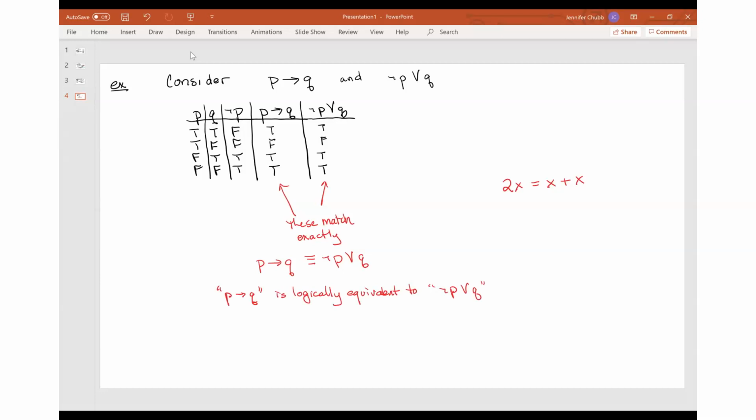And again, this makes sense, right? Because if we think about the truth table for P implies Q, that's true if either P is false, right? So let's see, where is P false? Down here, right? Or if Q is true right here.